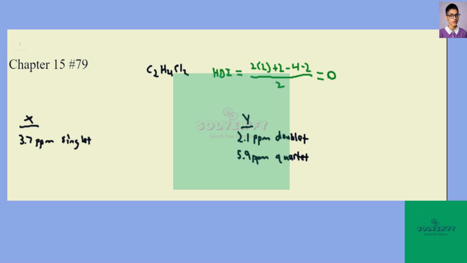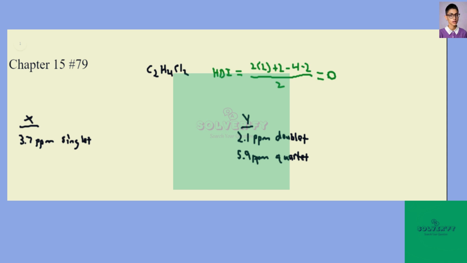Okay, we're not given integrations for these NMR signals, just chemical shift and splitting pattern. Right away, what I noticed for X is that there's only a single signal.